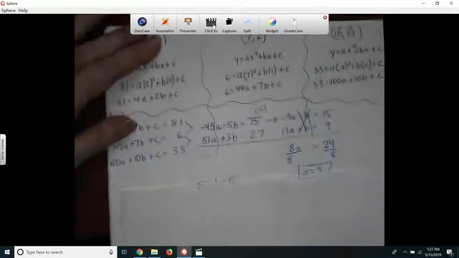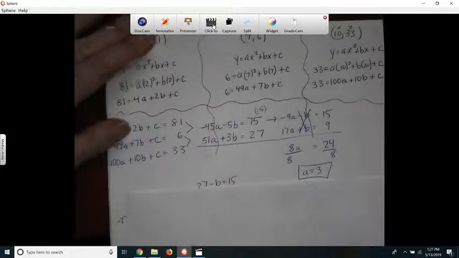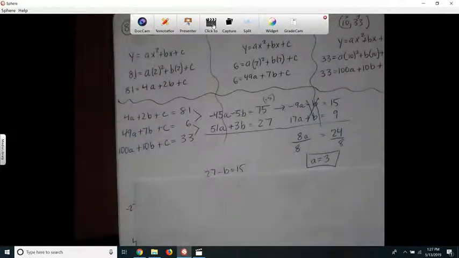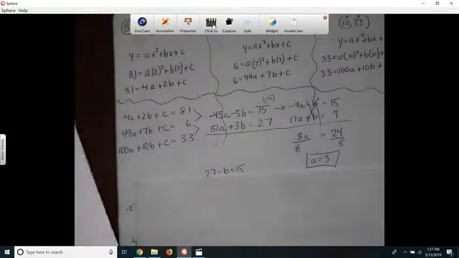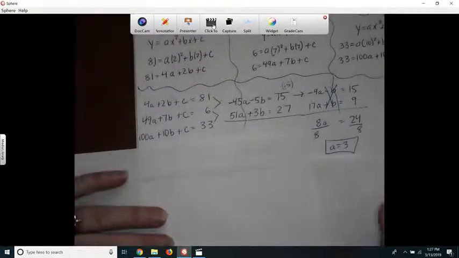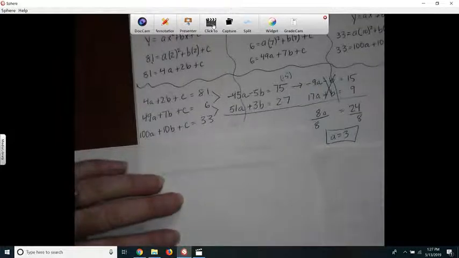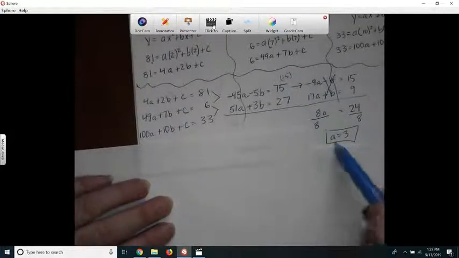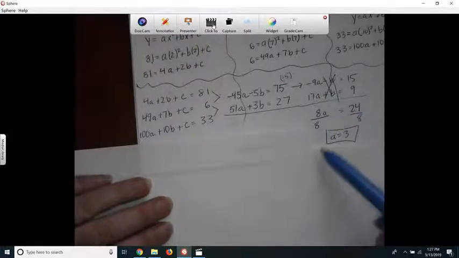I find that A is 3. When I did this problem earlier, I plugged A into one of the other equations to find B, and I made a mistake, but I'm not going to make that same mistake twice. So I found A, and now I'm looking for B. I can use any equation.